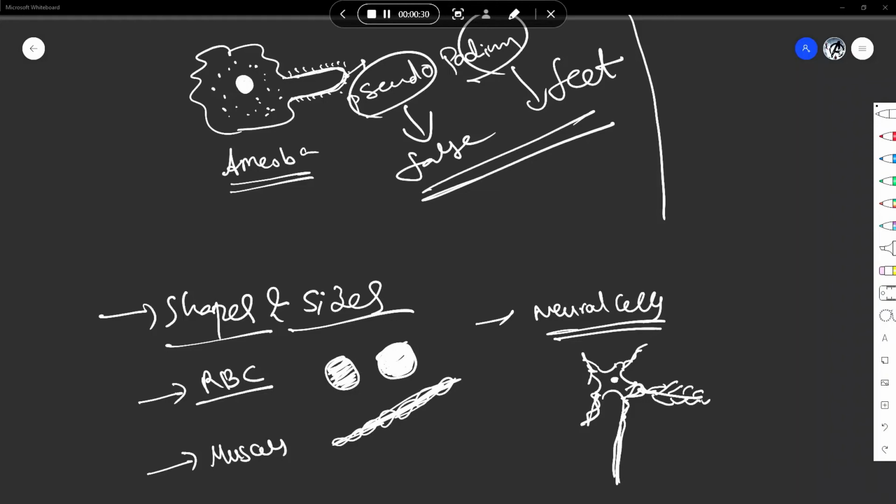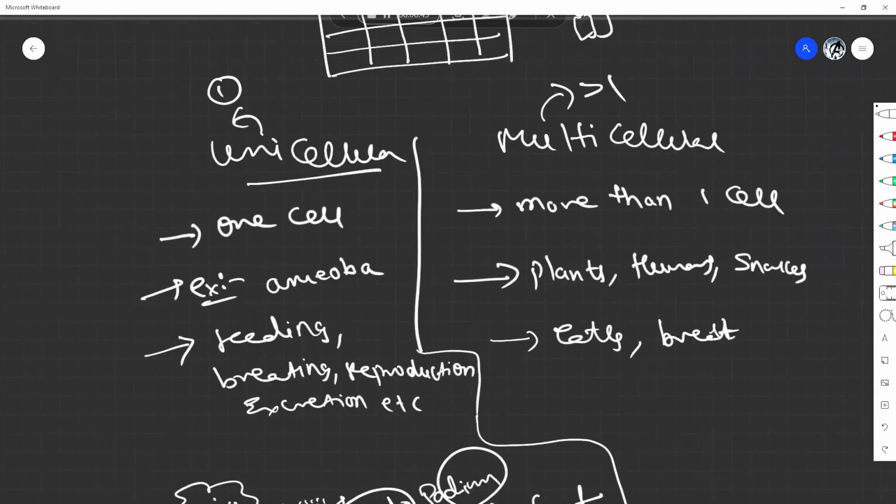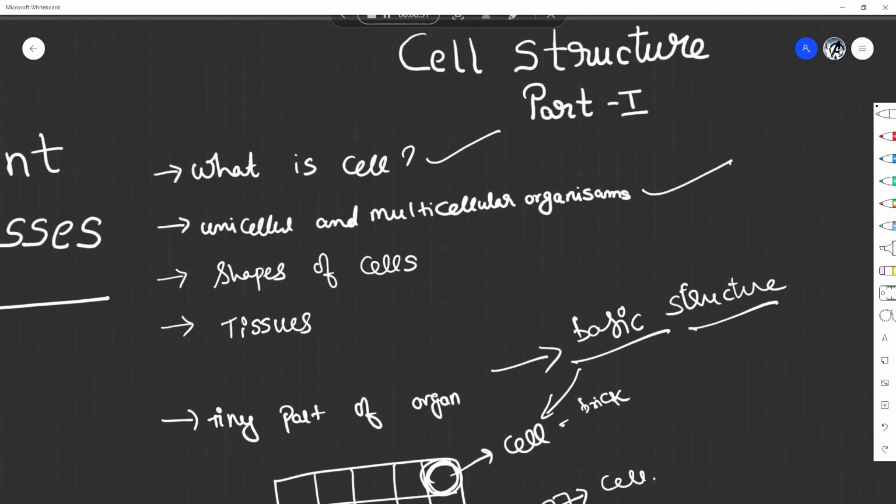Similarly, the size of a rat is small, and the size of an ant is minute. You cannot say that the cells of the ant will be very tiny. They can be big compared to the cells of the elephant. It depends on which part we are taking. Hope you have understood the shapes and sizes of the cells.